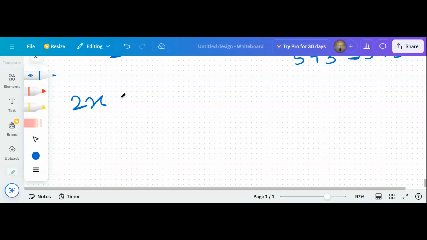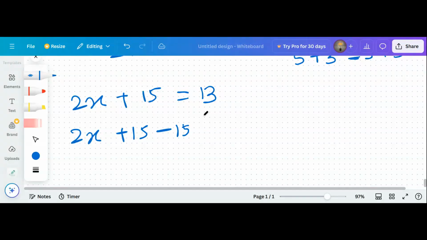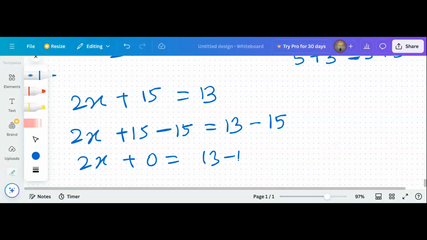So 2x plus 15 is equal to 13 now. We need to make this 2x separate, which means we have to remove this 15. So we will put a minus 15. If you put a minus 15 on the left side, you have to put it on the right side also. So 2x, 15 minus 15 is 0, so 2x plus 0, and 13 minus 15.